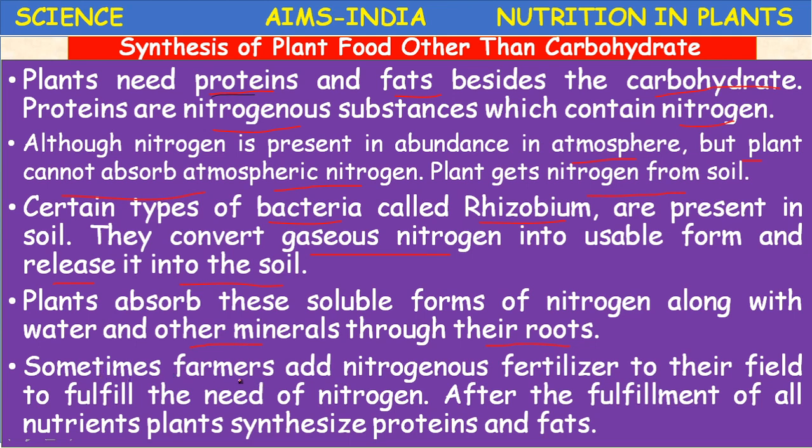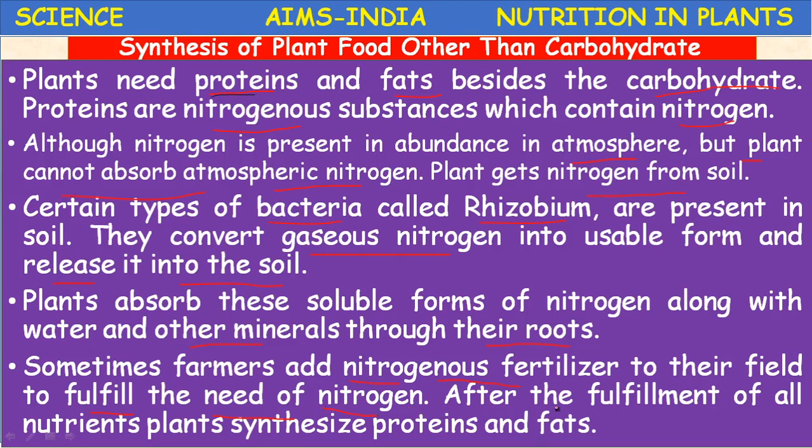Sometimes you might have seen the farmers adding nitrogenous fertilizers like urea, NPK, nitrogen, phosphorus and potassium. So sometimes the farmers add nitrogenous fertilizers to their fields to fulfill the need of nitrogen.